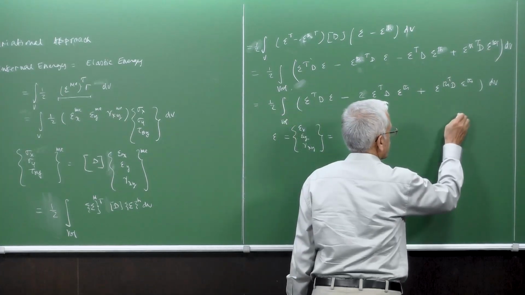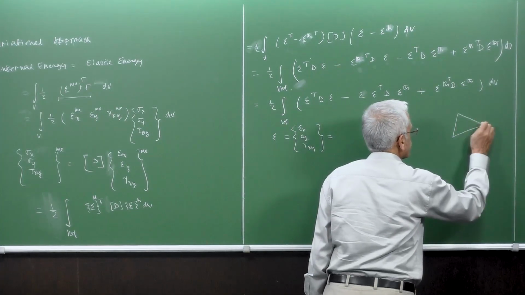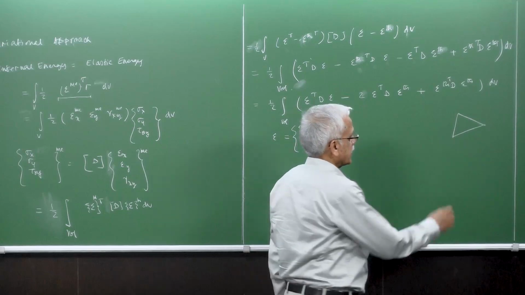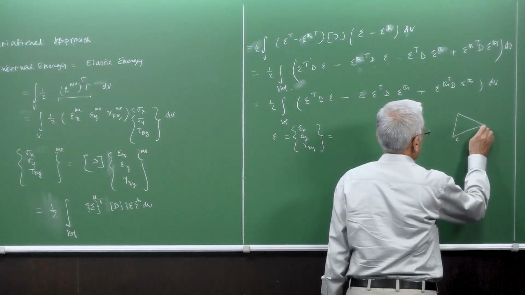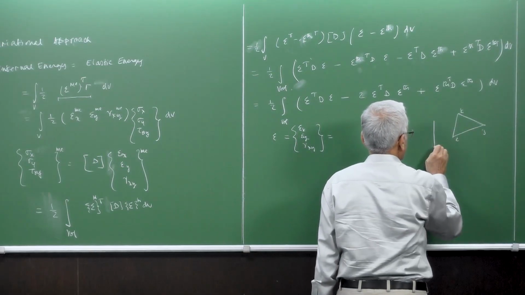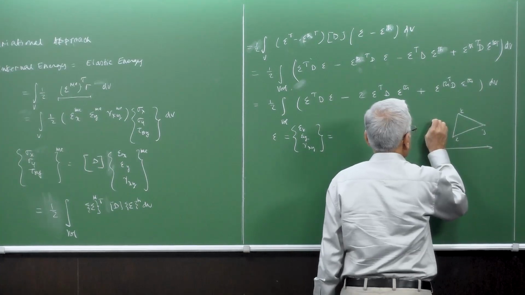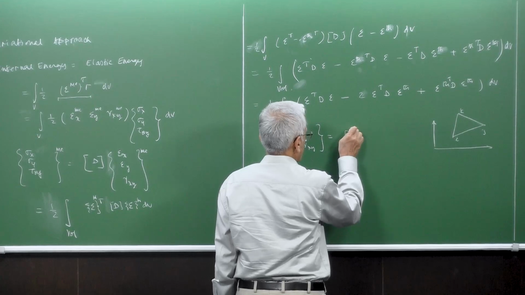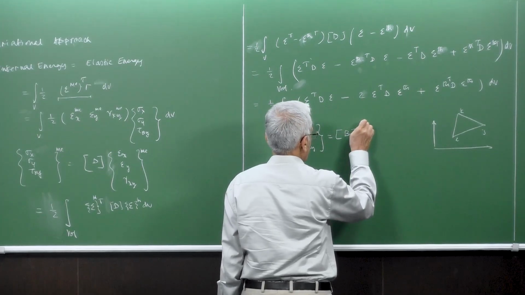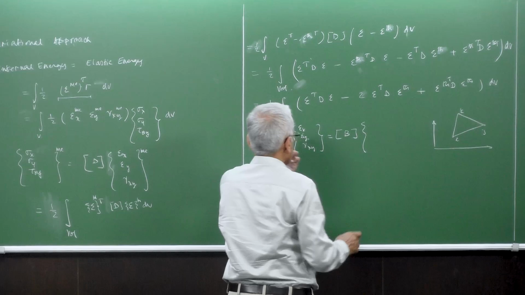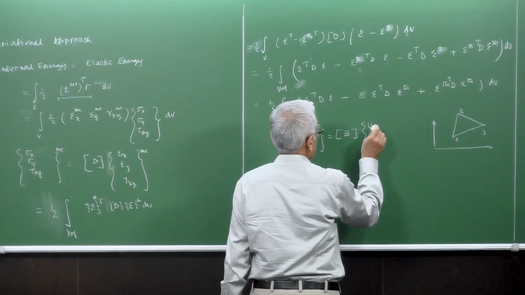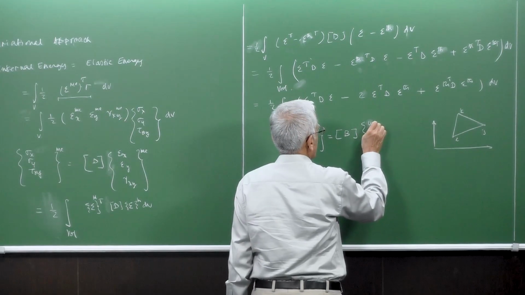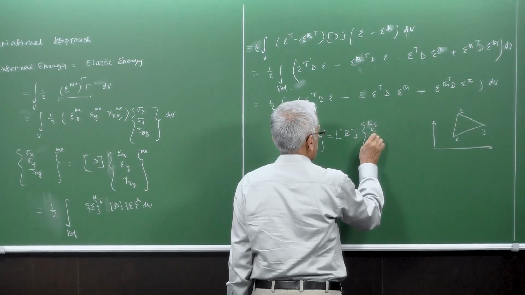In our terminology, say a three-noded triangle, or for that matter any element, this can be written as our B matrix times u1, v1, and so on.